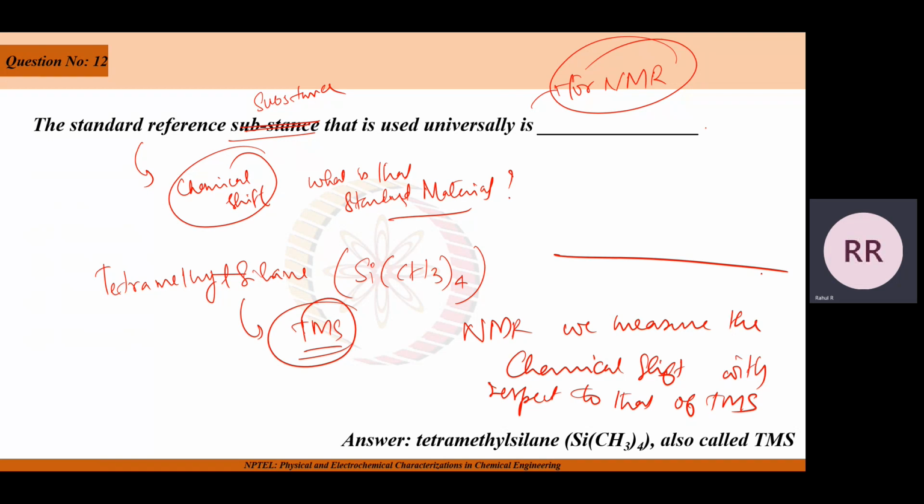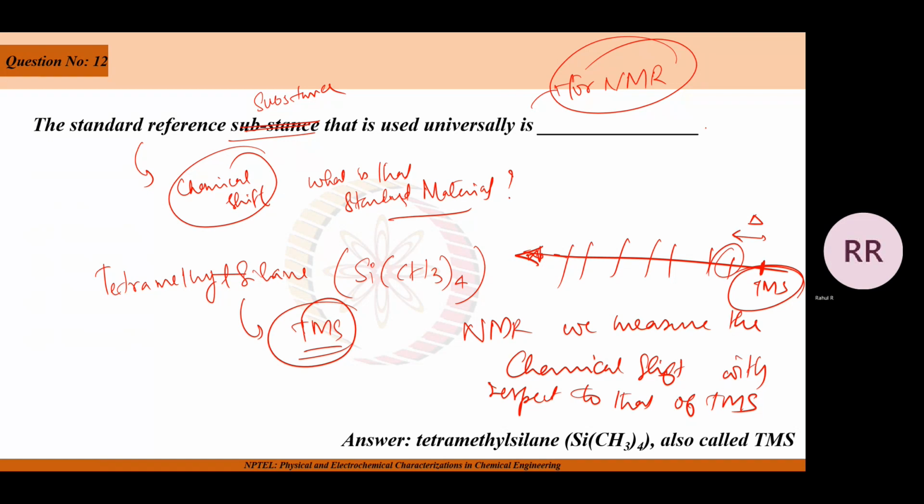If you have a scale and this side represents the TMS, we see how the shift happens. If the shift is somewhere here, we see this much of a difference, a delta difference, with that of the TMS. So TMS is a standard reference point that is being used in NMR. Now let's go to the next question.